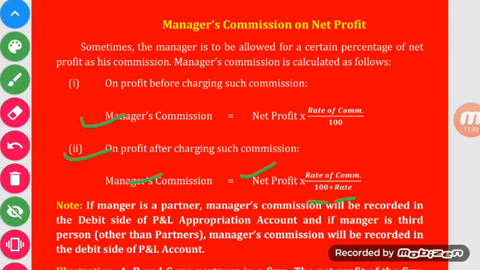That's why 100 plus rate will be used here to find out the manager's commission. I hope you understood.